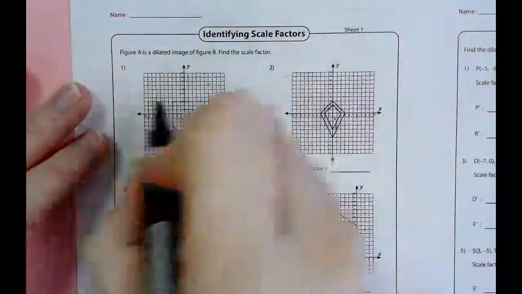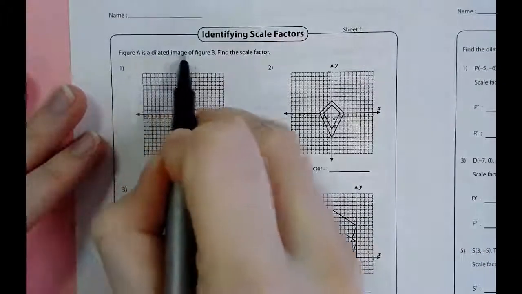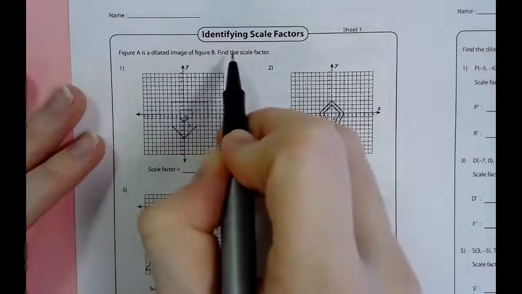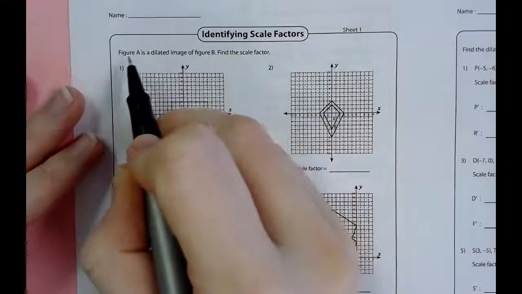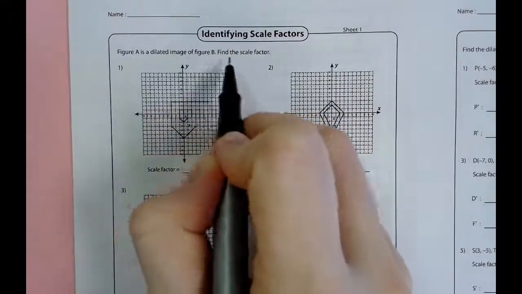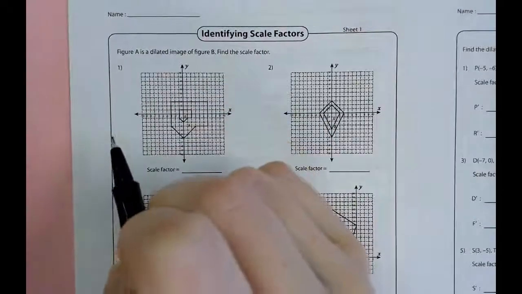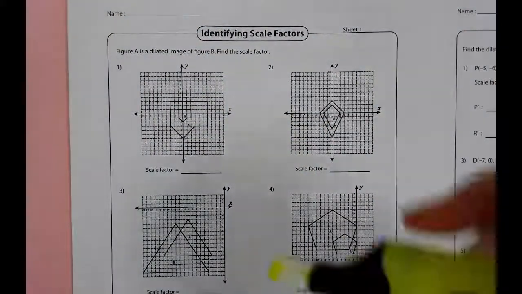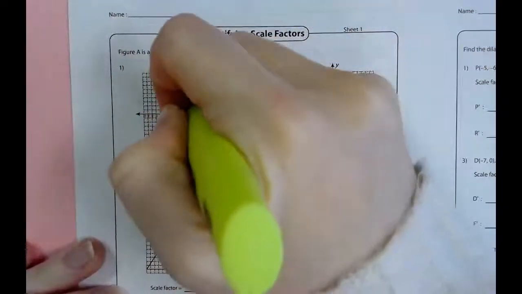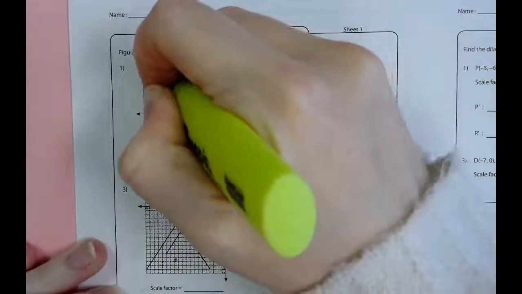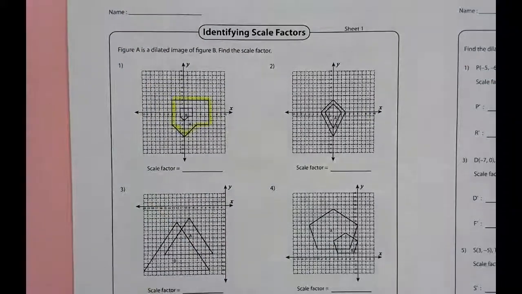What we're doing here is it says figure A is a dilated image of figure B. Find the scale factor. All right, so just like in the first one, B is our original, A is our dilated image. So I'm going to highlight A. A is the larger one here, okay, and we're starting with B.